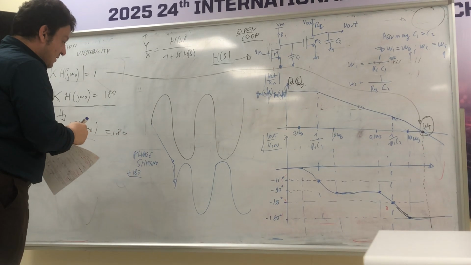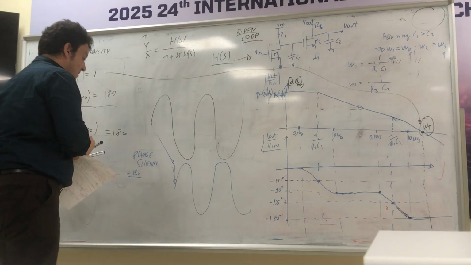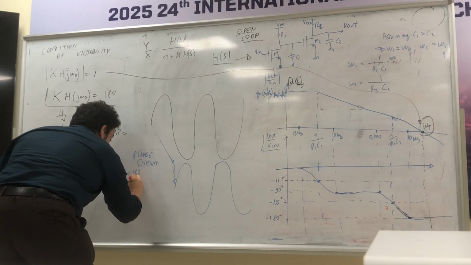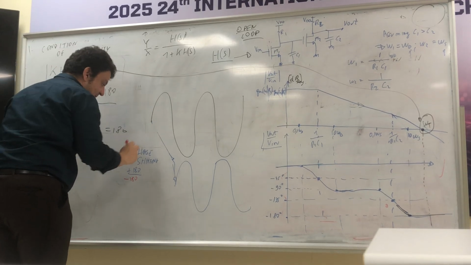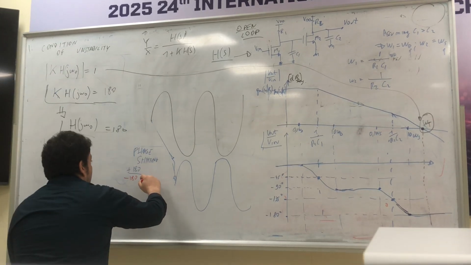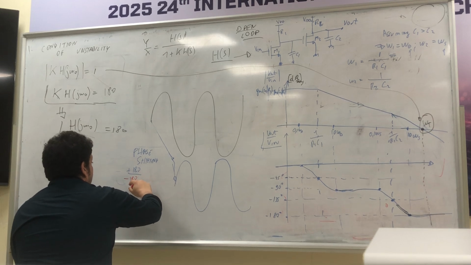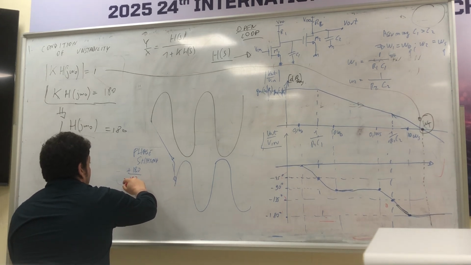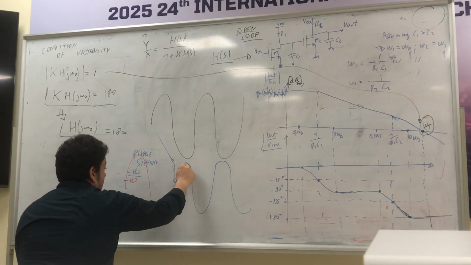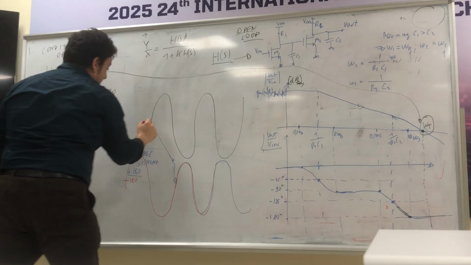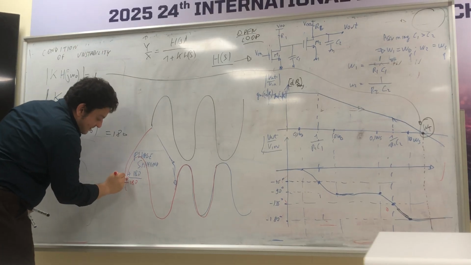So if, on the contrary, I shift by minus 180, what do I have? I have actually something like that. Okay? This point now is here.